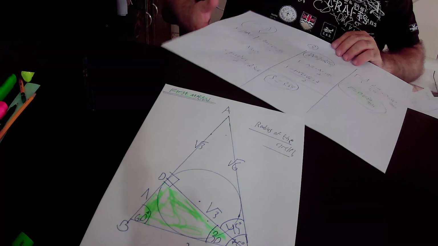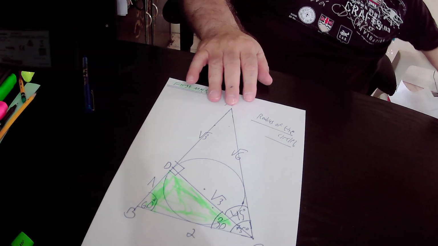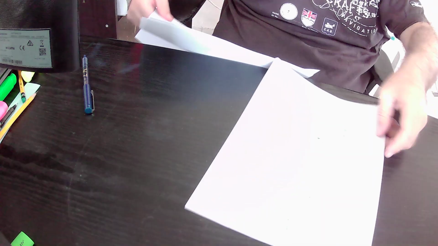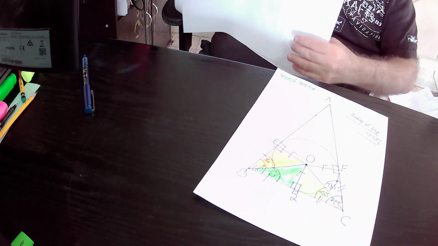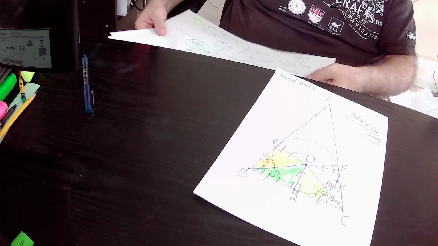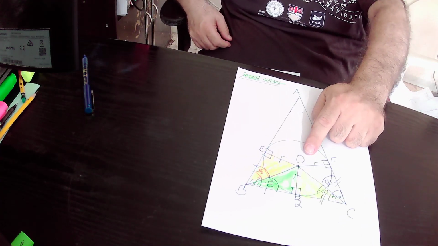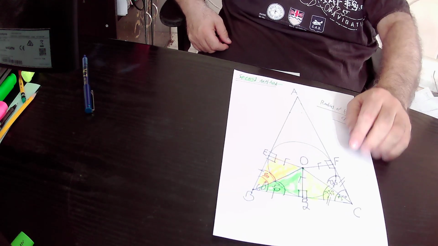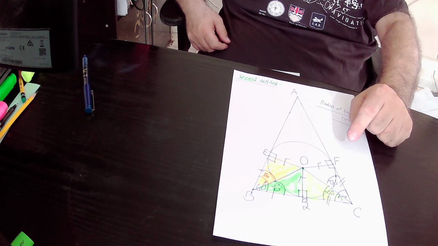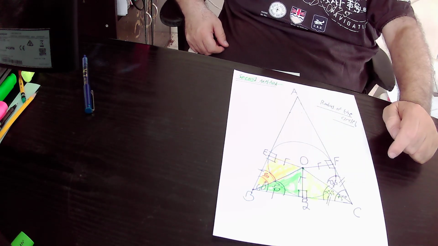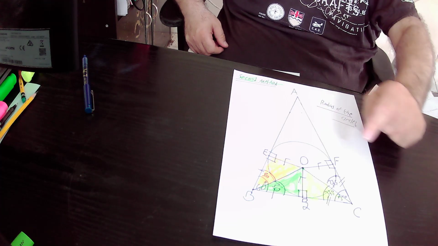We finished with the first method, and now I present to you the second method. In the second method, we define the center of this circle as point O. Here, all the angles are right angles according to rule number 1.